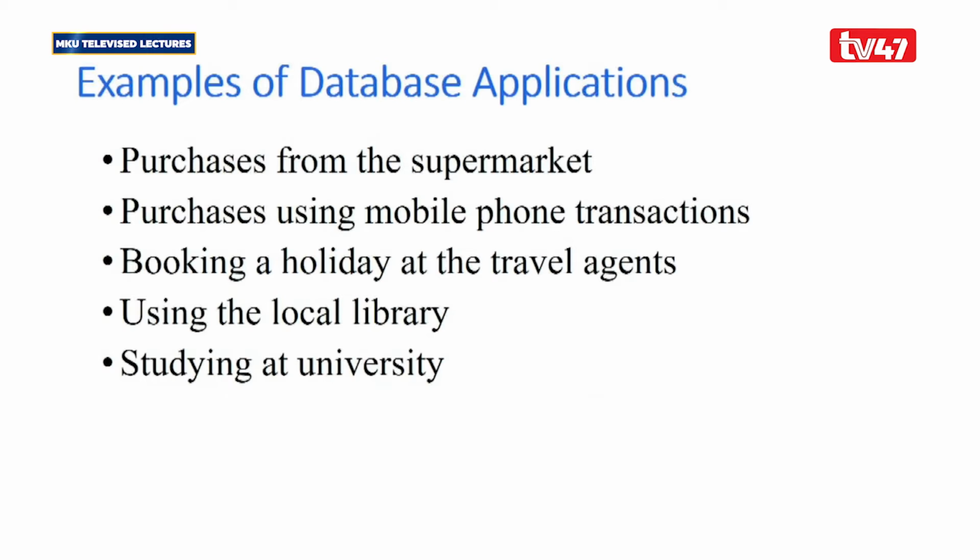Booking for a holiday, if you want to travel somewhere, you can always book online, and you will be accessing a database. Studying at a university, you register units, you check your results online, and so on. In a local library, there's a database that keeps records of all the books within the library, all the users, and so on.